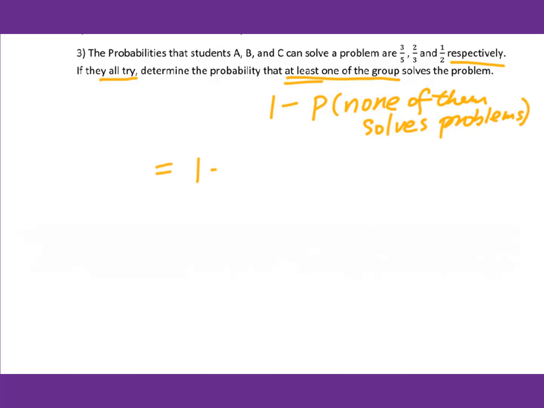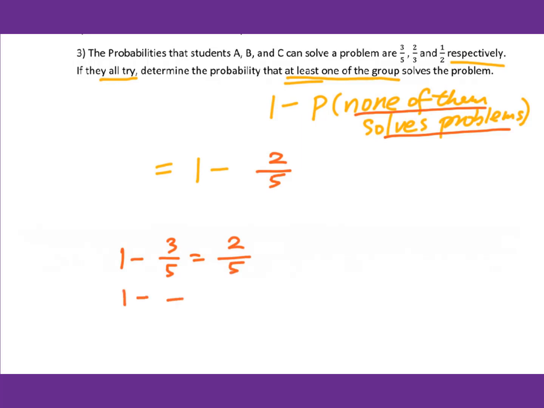Therefore, we do 1 minus the probability that none of them solve the problem. For 3 over 5, the complement will be 2 over 5. We use 1 minus 3 over 5, that is 2 over 5. 1 minus 2 over 3, that will be 1 over 3. 1 minus 1 over 2, you get 1 over 2.